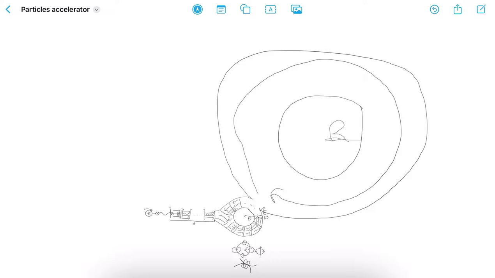Like a block of matter colliding with another block of matter at a very high speed, the components of the matter will come out, as the energy of the collision is high enough to separate the bonds inside that matter.